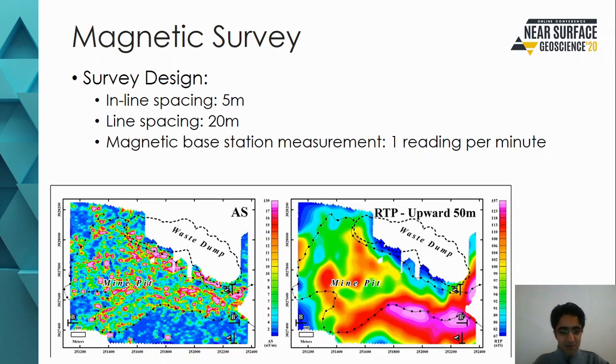When we use the analytical signal, in the mine pit we have high magnetite concentrations. You see that the mine pit has been clearly characterized by the analytical signal, and the upward-continued RTP is showing that there might be an extended ore zone in the southern boundary of the mine pit.